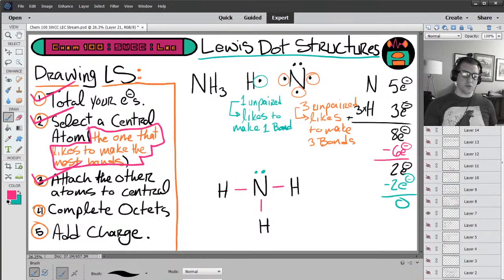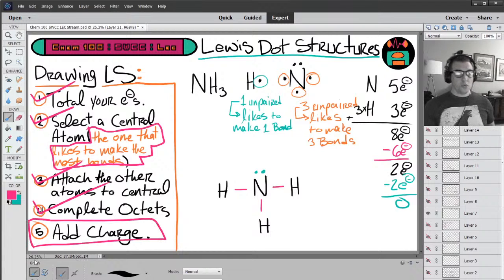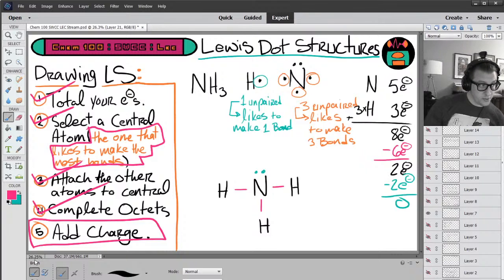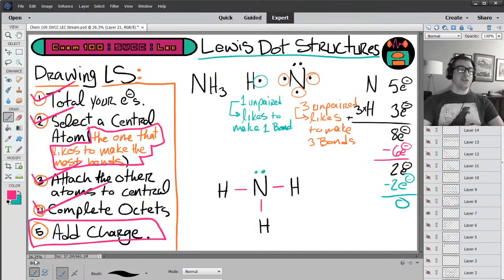And this is the Lewis structure for ammonia. We've completed the octets. You'll notice that we haven't hit step 5 yet. You only have to worry about charge in this class if you start with a charge. So because NH3 does not have one, our final molecule will not have one either.